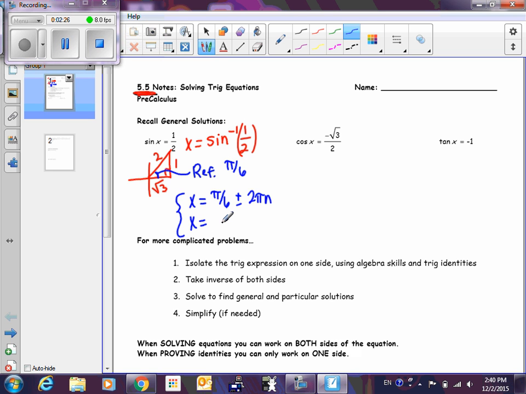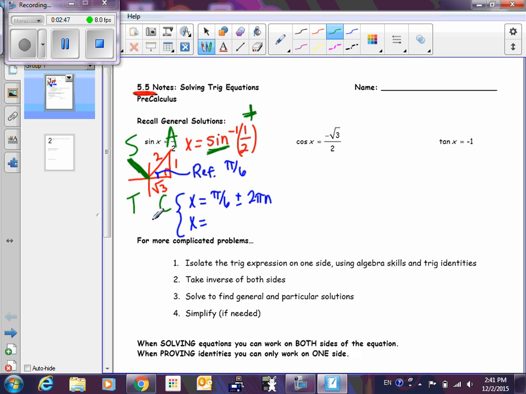Okay, this second value is really where most of you had a hard time. I think now that I go over it again, it's going to be better. Let's use all students take calculus. Where else is sine positive besides the first quadrant? The second quadrant.